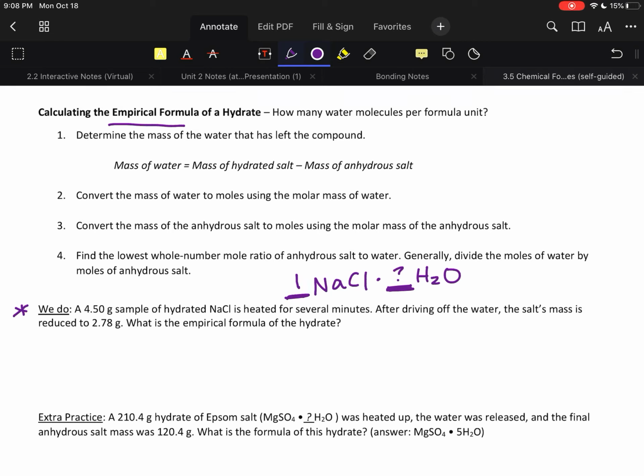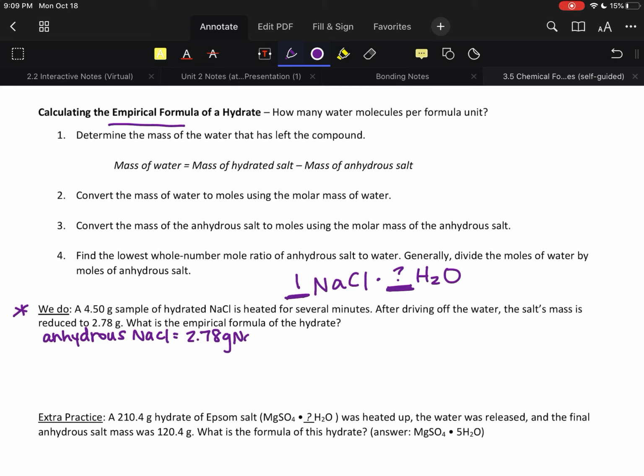mole of my salt. So the first step is I have to figure out how much water and how much salt I actually have in this compound. Okay, how much of the compound is made of salt and how much is made of water. So I can just look at my data. A 4.5 gram sample is heated, and then after driving off the water, the salt is 2.78. So I know that my anhydrous salt is 2.78 grams.